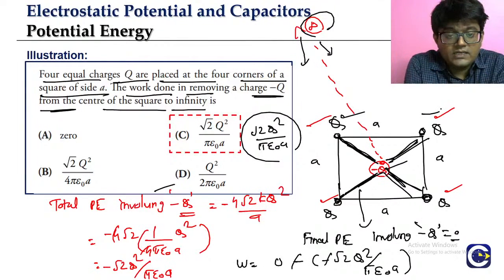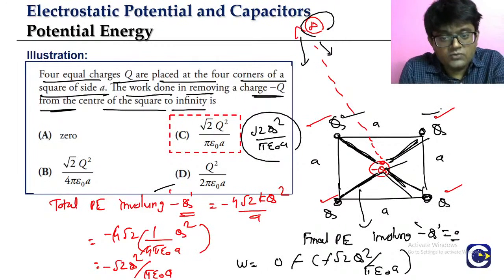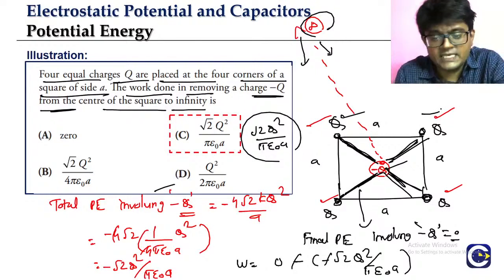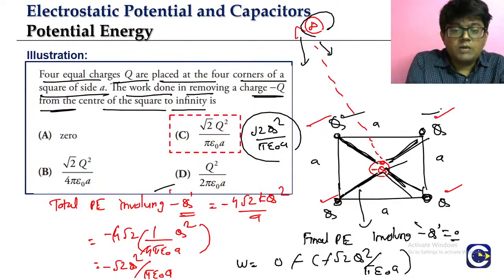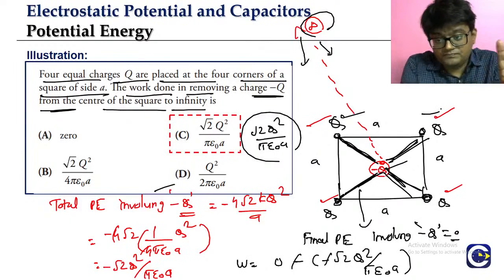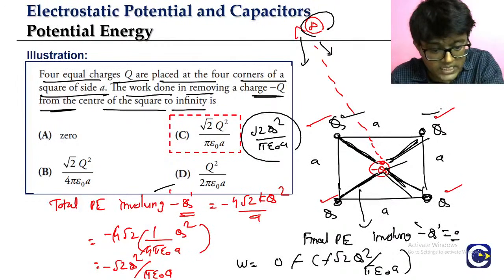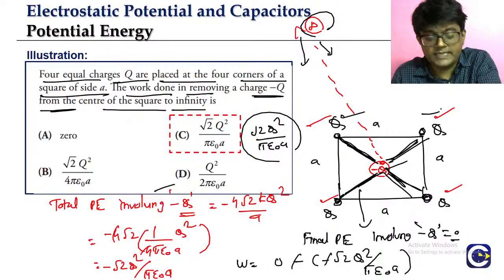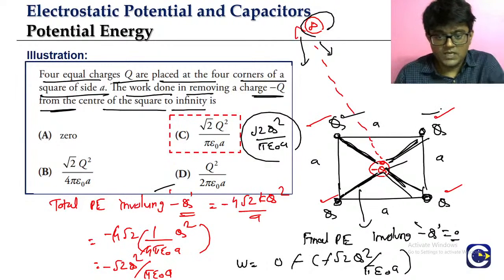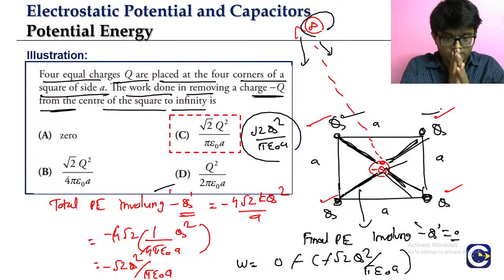That pair initially and finally the potential energy will be the same, அது change ஆகல. Only the potential energy terms, 4 of them involving the minus q, initially the value will be something, totally minus root 2 q square by pi epsilon naught into a, the 4 pairs-ஓட total value.